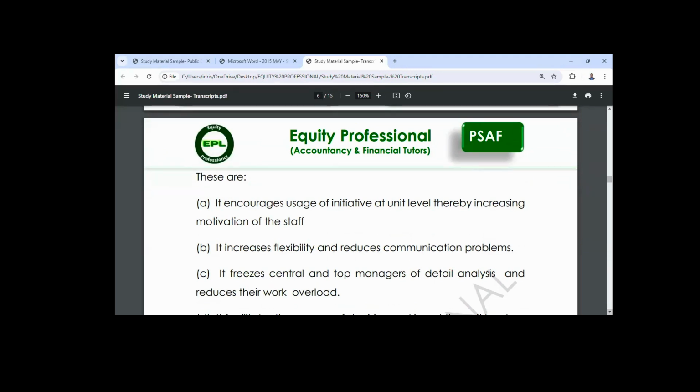Number one advantage, it increases staff motivation, because the staff will use their initiative. Another advantage, it increases flexibility and reduces communication problems.